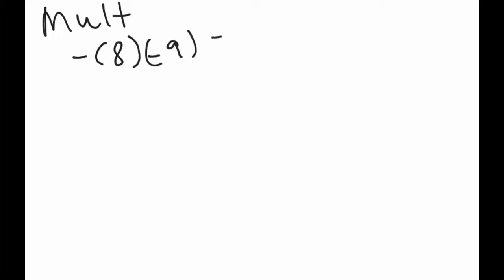Okay, let's do some multiplication. Negative 8 times negative 9. Multiply the two numbers. 8 times 9 is 72. The signs are both negative, therefore the answer will be positive. Negative 3 times negative 4.